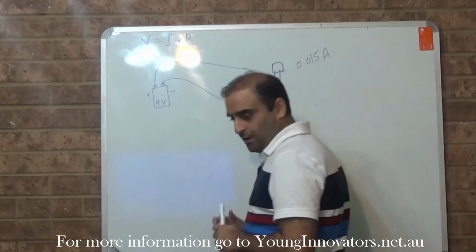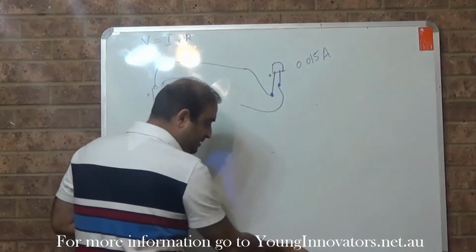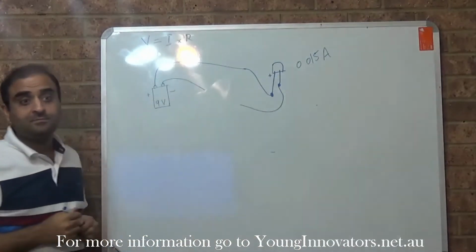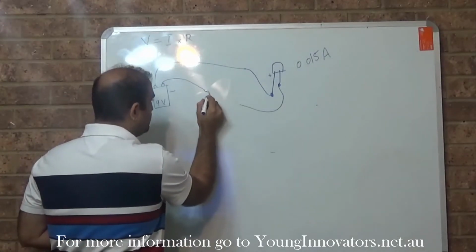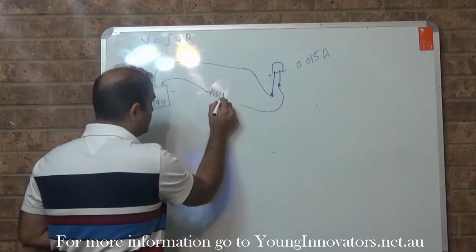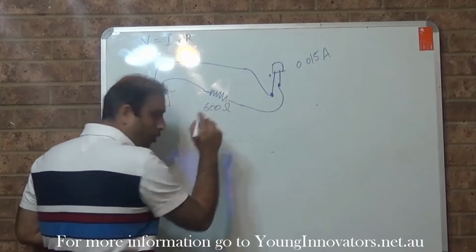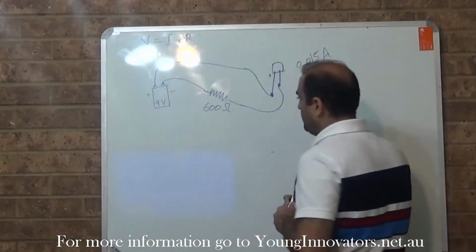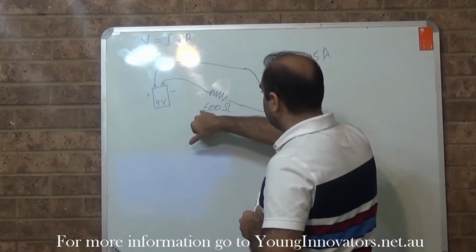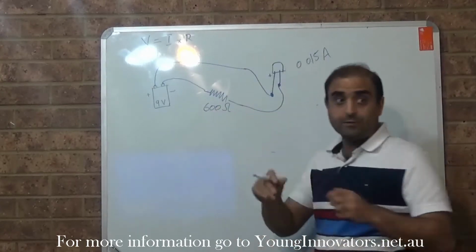So what we need to do now is put in how much resistance? 600. So we need to put in a resistance equivalent to 600 ohms. It doesn't matter if it's exactly 600, but it has to be very close to 600.